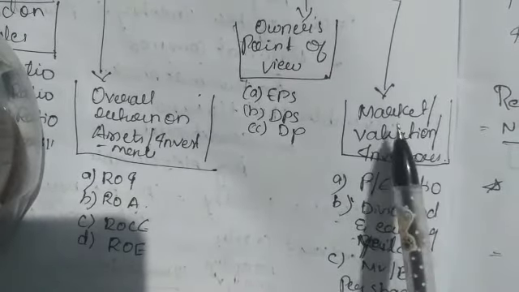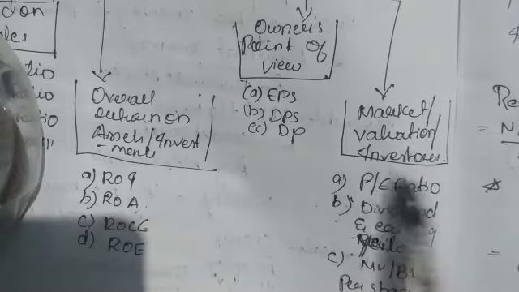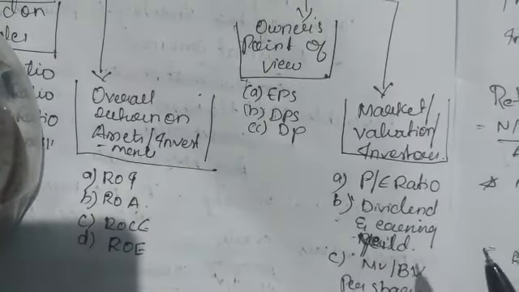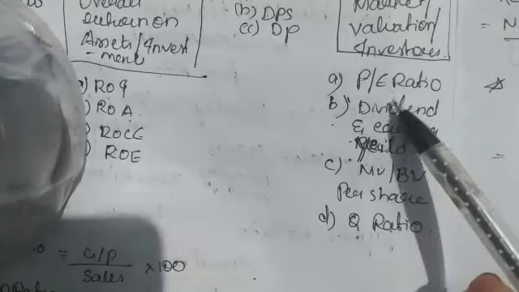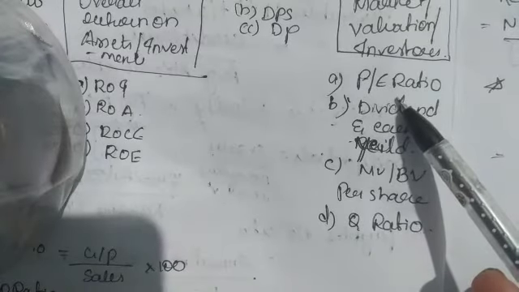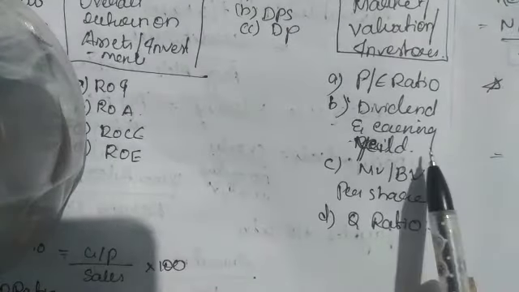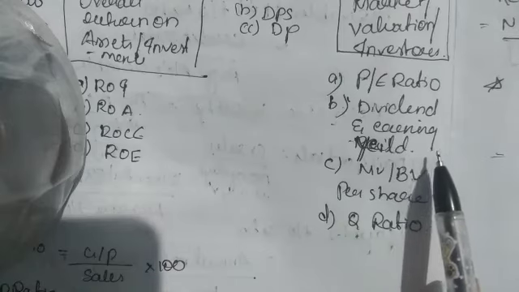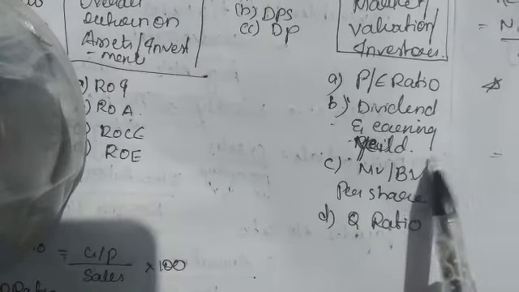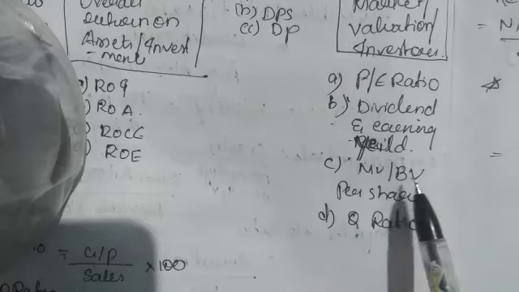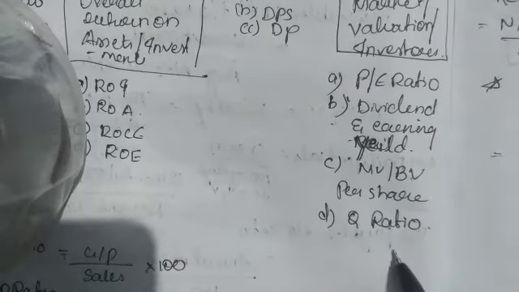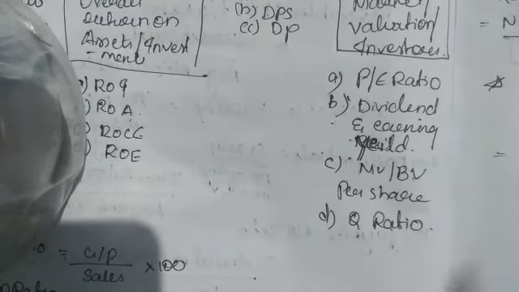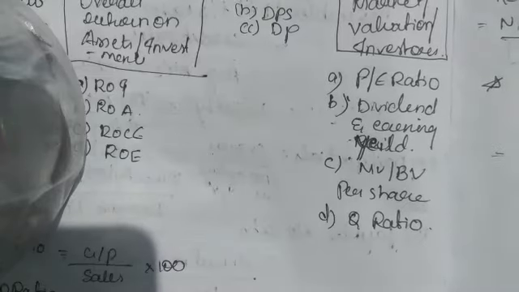And the next set is for market or valuation or for investors: price earning ratio, dividend and earning yield ratio, market value or book value per share, and Q ratio. We'll discuss this in detail.